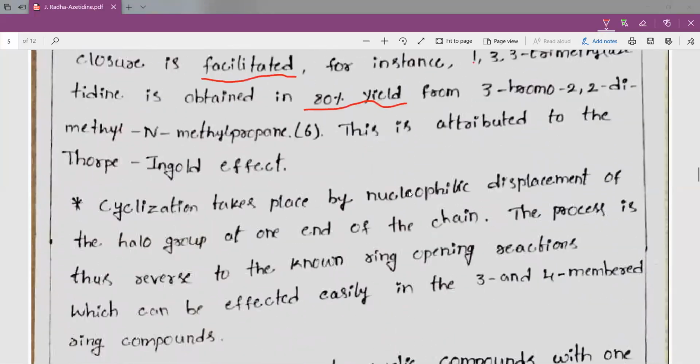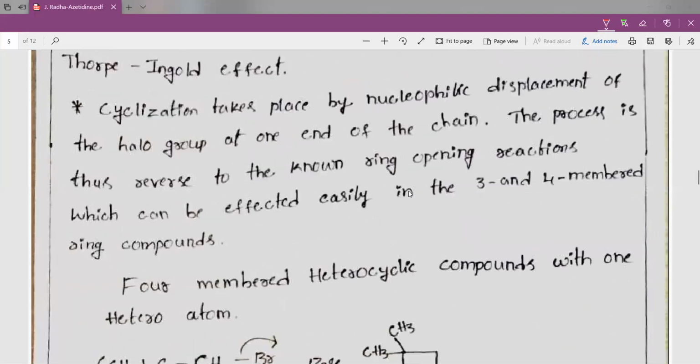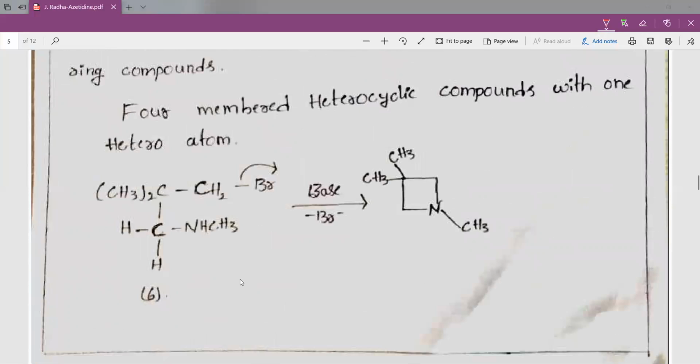We will see an example here. This is a substituted alkyl amine, with CH3 on nitrogen and two CH3 groups here. The bromine is removed as Br minus, and this nitrogen will attack as a base, followed by removal of H plus, and we get N-methyl 3,3-dimethyl azetidine.